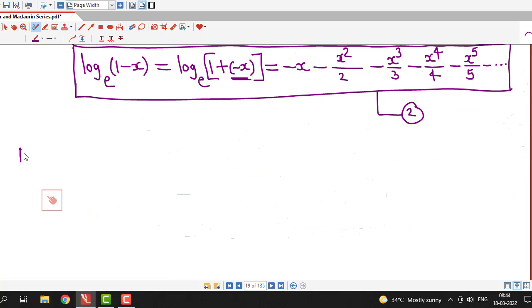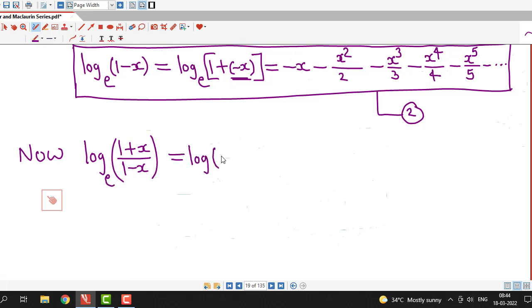And now we obtain the Maclaurin series of log (1 plus x) divided by (1 minus x) to the base e. This is using the property of logarithm, log 1 plus x to the base e minus log 1 minus x to the base e.